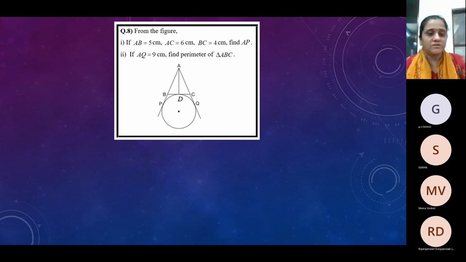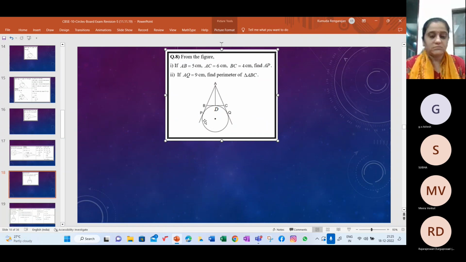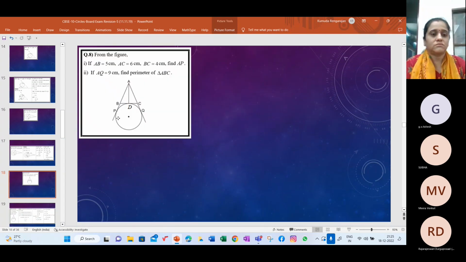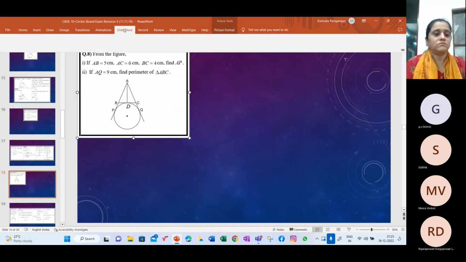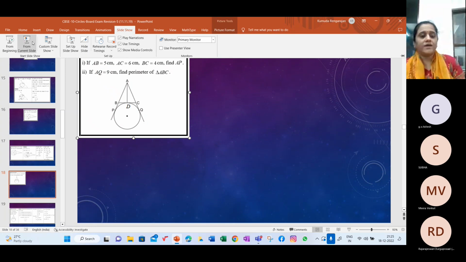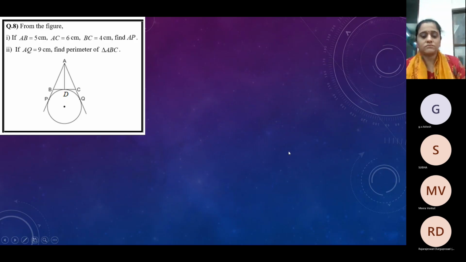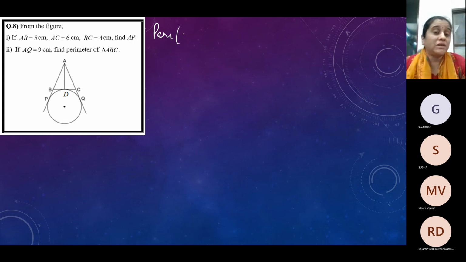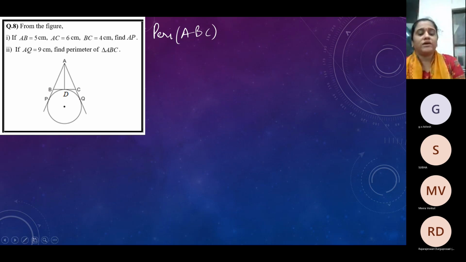Now let me start with the calculation of the perimeter of triangle ABC. Can you see the triangle ABC? All right.